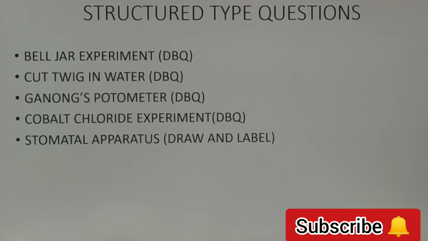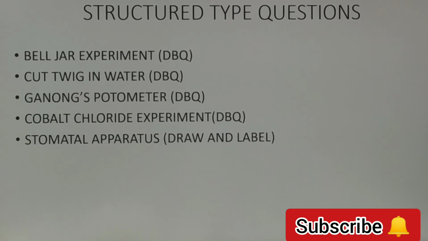Then cobalt chloride experiment again can be asked. What is cobalt chloride experiment? It is an experiment to demonstrate unequal transpiration from the two surfaces of leaves. So again that can be asked as a diagram based question. And an important diagram that you should know is the stomatal apparatus. The structure of stomata, the two bean-shaped guard cells around which the epidermal cells are drawn.